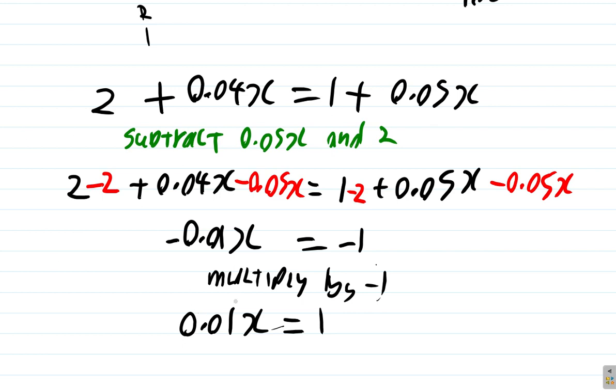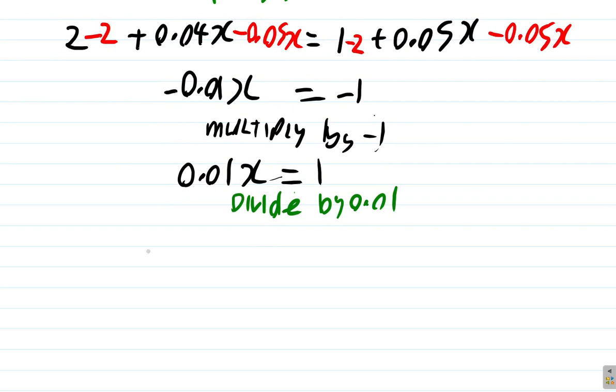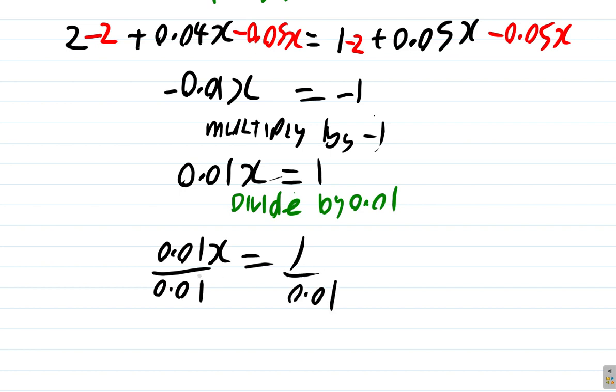But there's one more thing for you to do. Remember, we don't want to find out what 0.01x is. We want to find out what 1x is. In other words, we want to find out what x is, so we get x equal. So we divide by 0.01 to get the x alone. So what we have here, 0.01x equals 1, divided by 0.01, divided by 0.01, x equals.